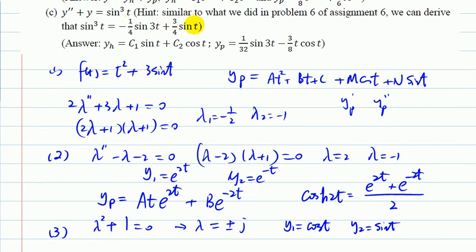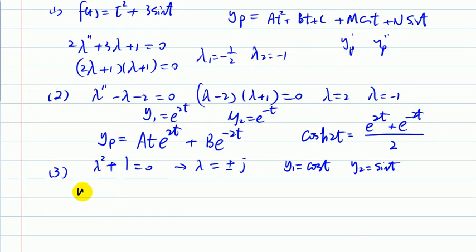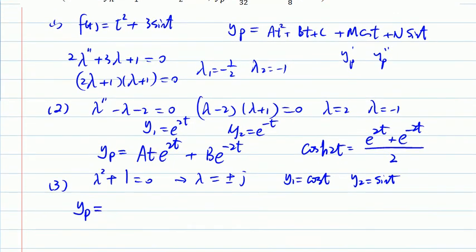Now this part of the forcing function happens to duplicate with y2 here. So the choice for the particular function has to be made using not only the sum rule, basic rule, but also the modification rule.